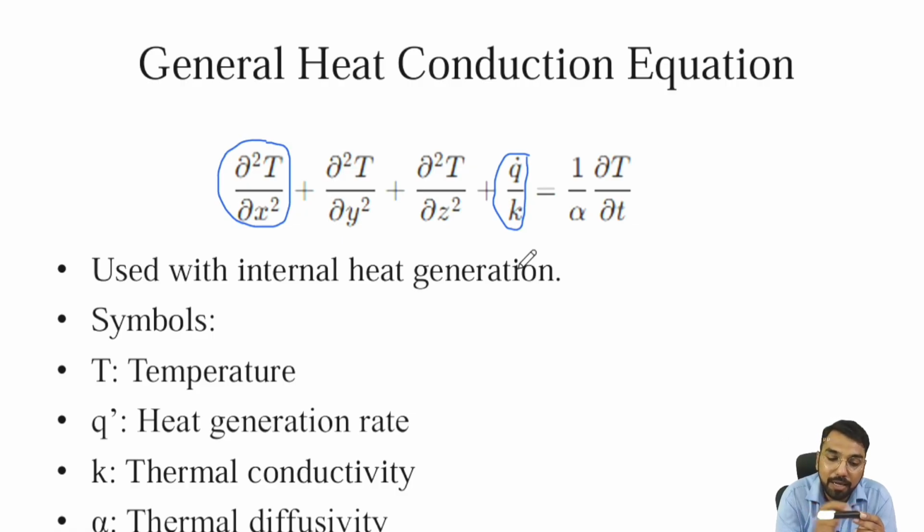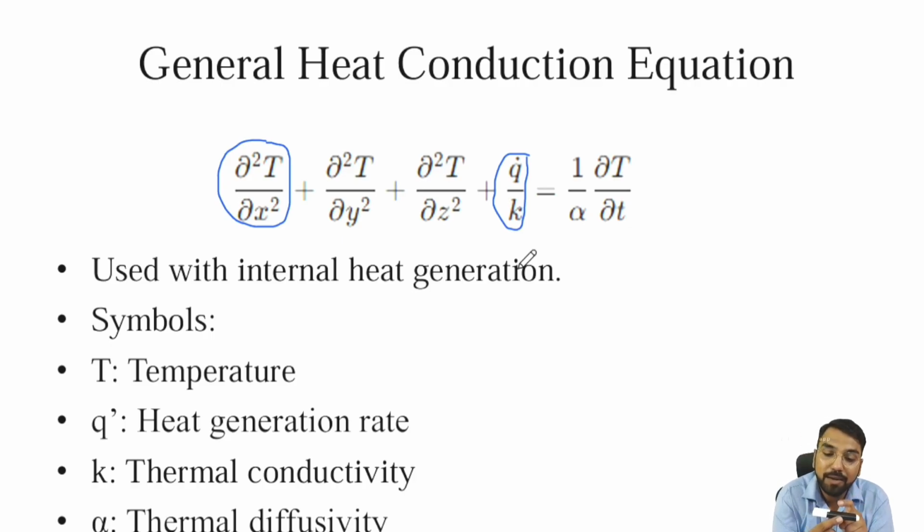Then while conducting heat from this end to this end, normally, if there is no internal heat generation component, meaning no radioactive material or any other external source, the heat is going to be transferred from this end to this end.